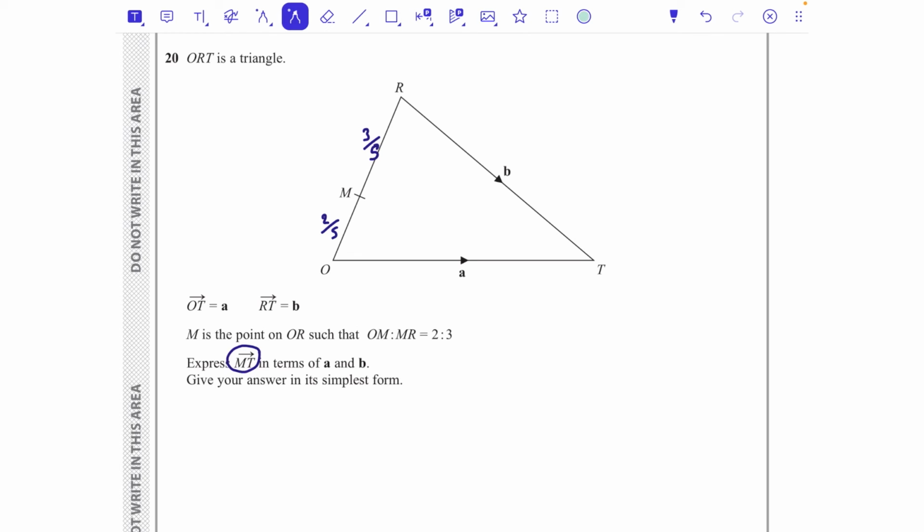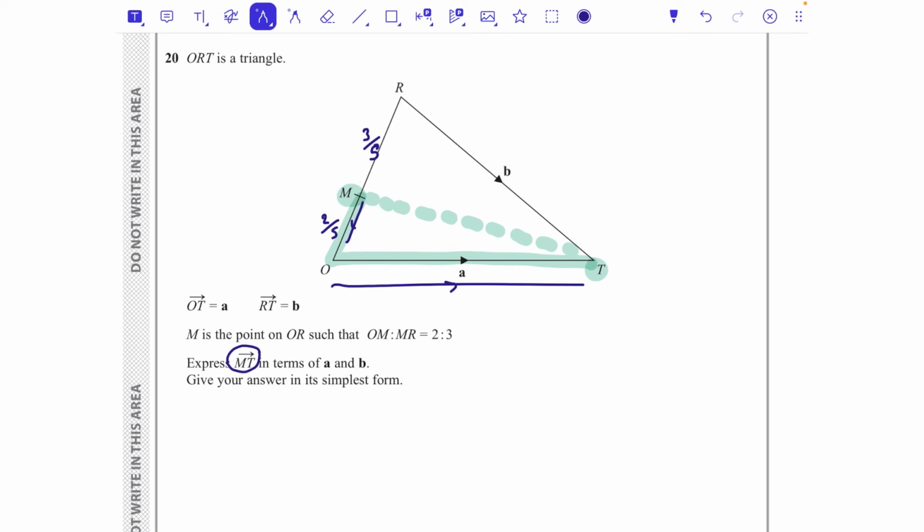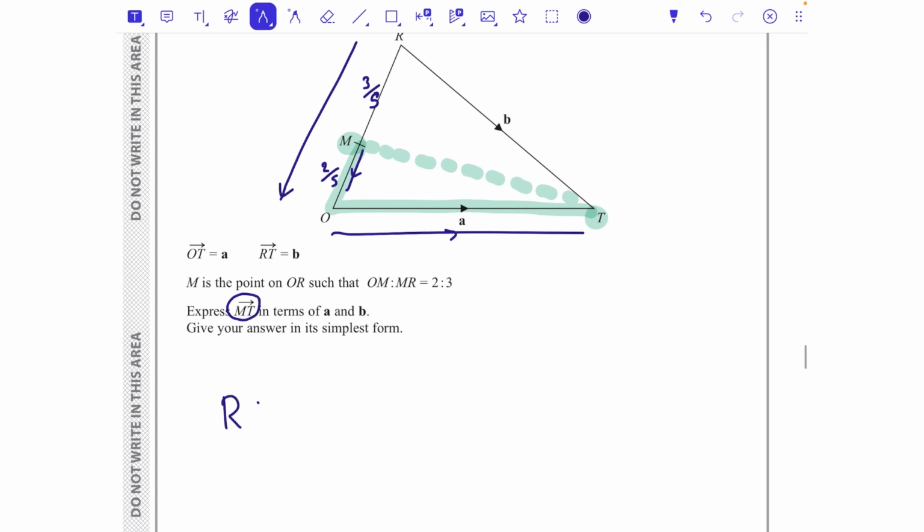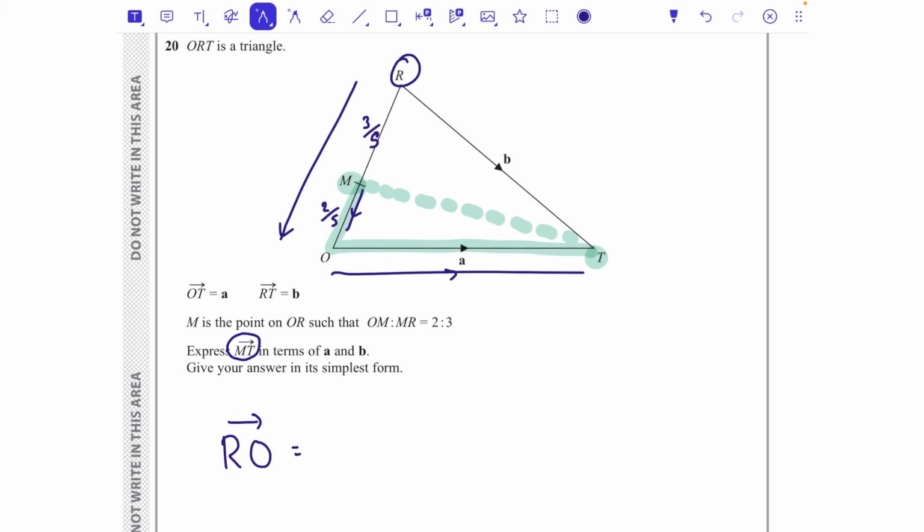So if I want to go from M to T, I'm going to go down here and along here instead of going like that through the middle. Okay, so first thing I need, I can get from here to here, that's A, but I need to go down this bit, and this bit is 2/5 of R to O. So we're going to start by getting R to O. Now R to O, I'm going to go round like this.